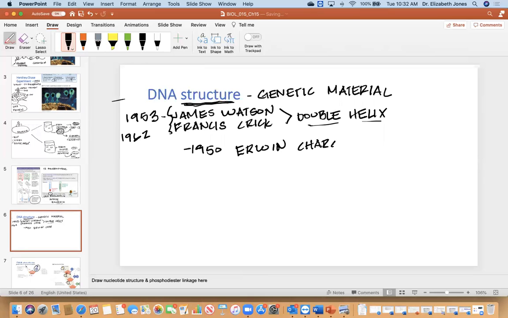And here's what he figured out. He was doing some chemical analysis of DNA. Again, he didn't really know the structure, but he knew what molecules made up DNA. And in his chemical analysis, he found a very curious phenomenon. He found that the concentration of adenine in a molecule of DNA was always equal to the concentration of thymine.